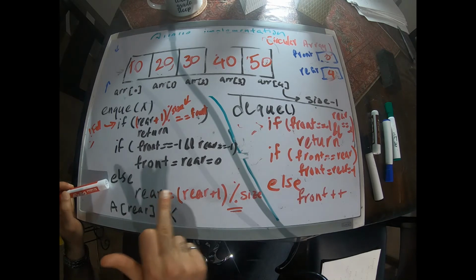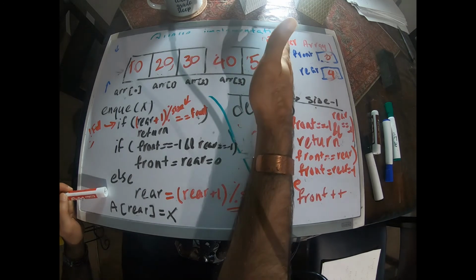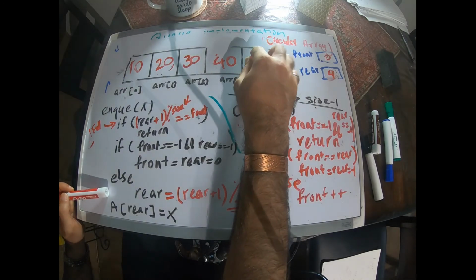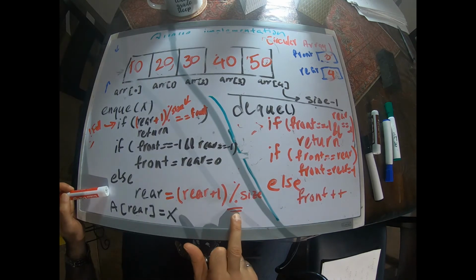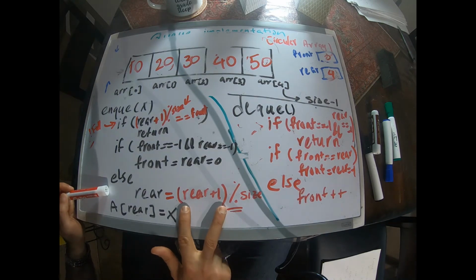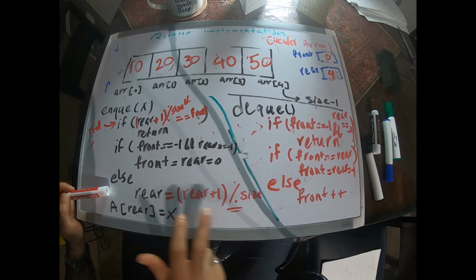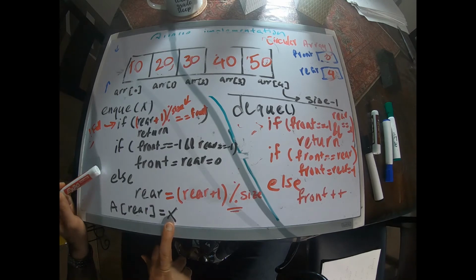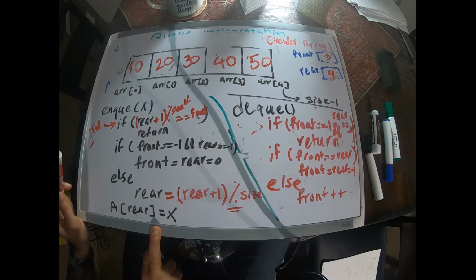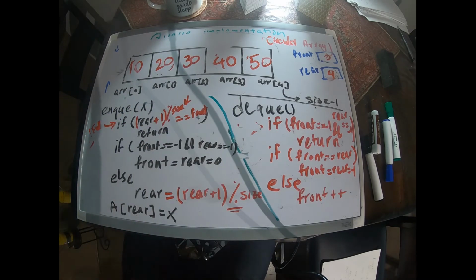So we want to increment the rear. But when we reach the end of the array, we want to be able to circulate back to the beginning of the array. How do we do that? By incrementing the rear, dividing it by size, and changing the rear to the remainder of this operation, and then do the insertion. So this is going to take care of the NQ operation for the circular array implementation.